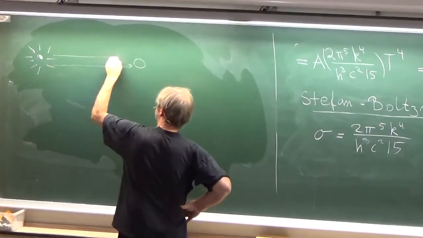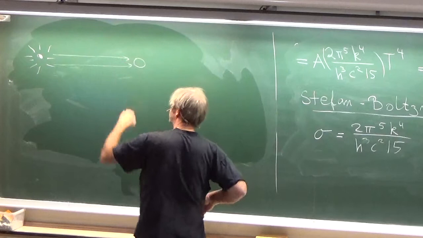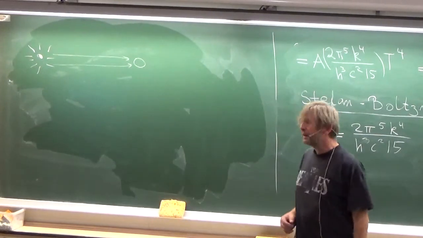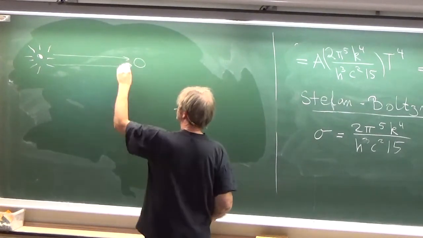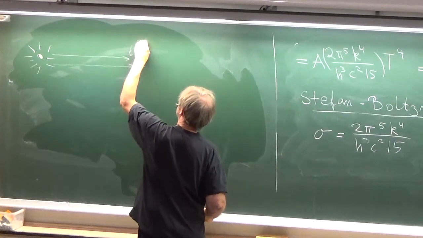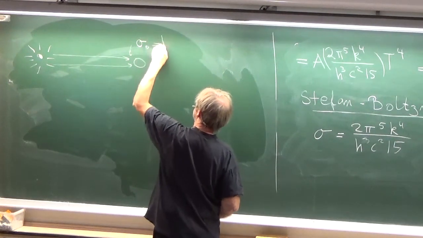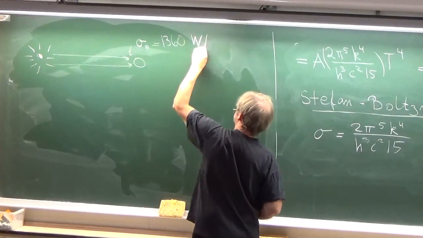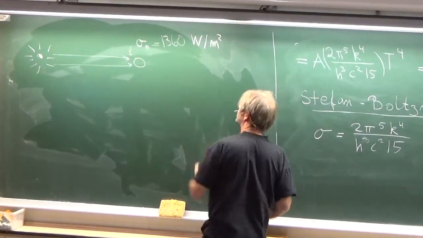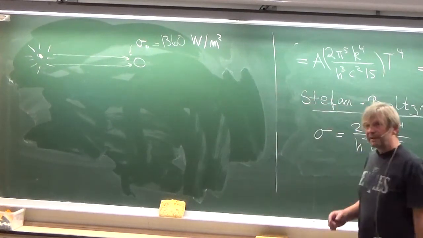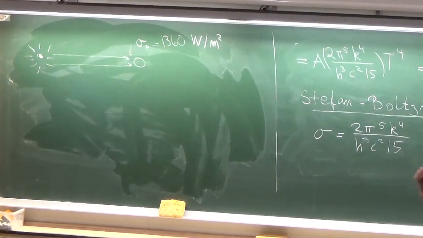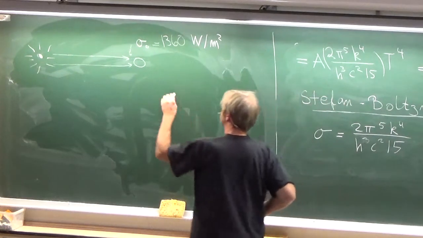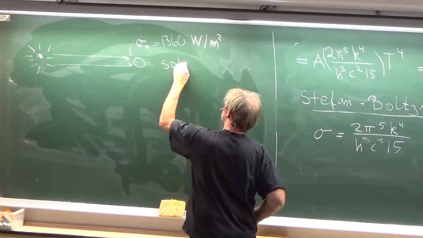After it travels 1 astronomical unit, which is the distance to the sun, the power here is sigma naught, approximately this value. So we're hit by something that has this energy level. It's the solar constant.